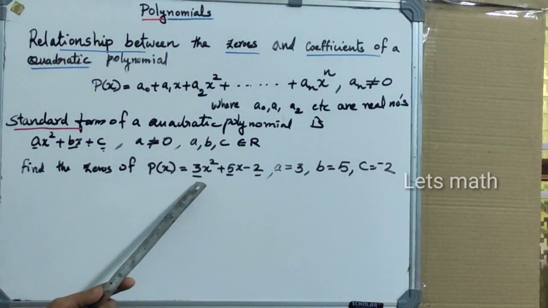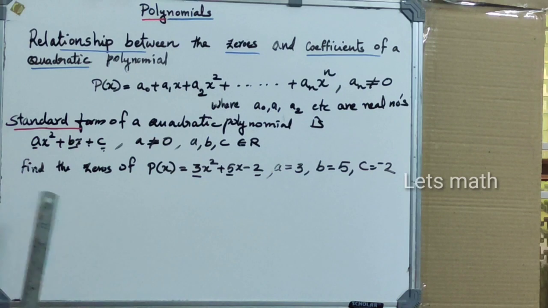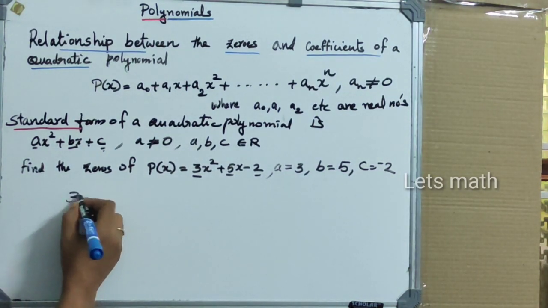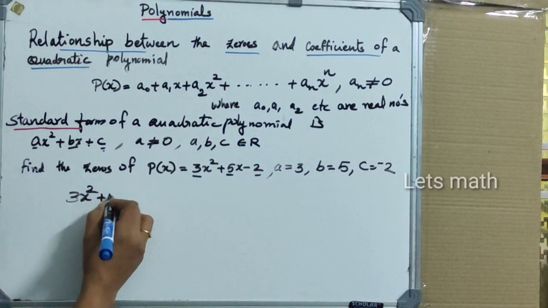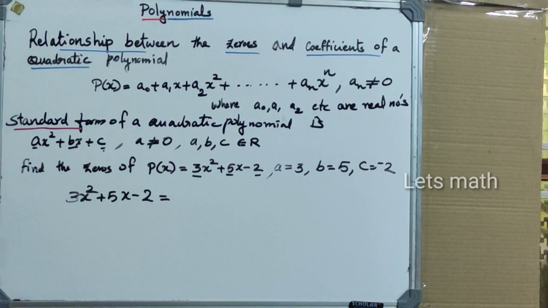Now we have to factorize this to find the zeros. Last year in 9th standard you studied how to split up the middle term, the factorization method. So we can factorize by splitting the middle term. Now we have 3x square plus 5x minus 2. How to factorize the expression?